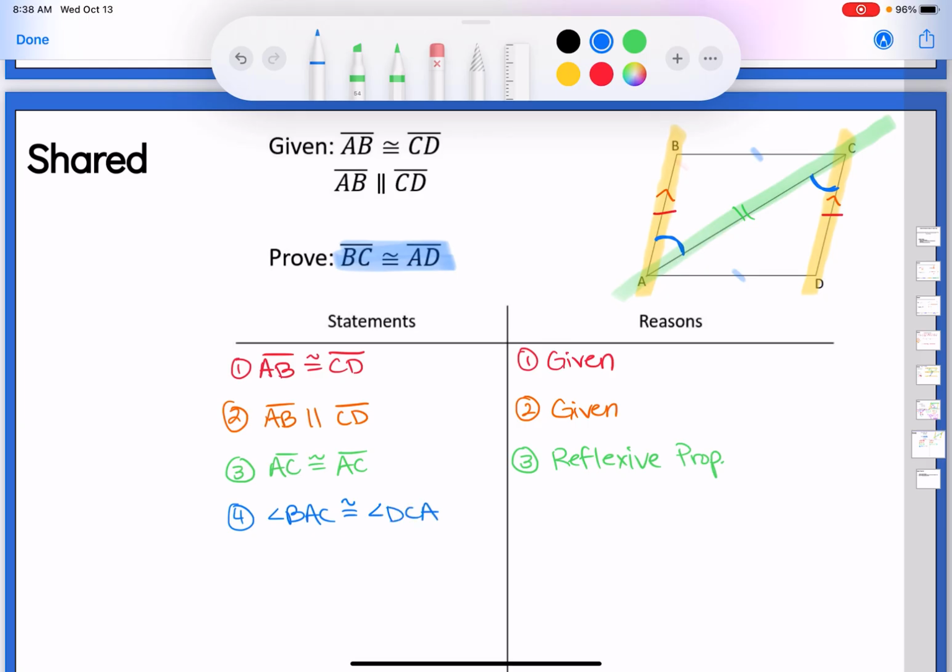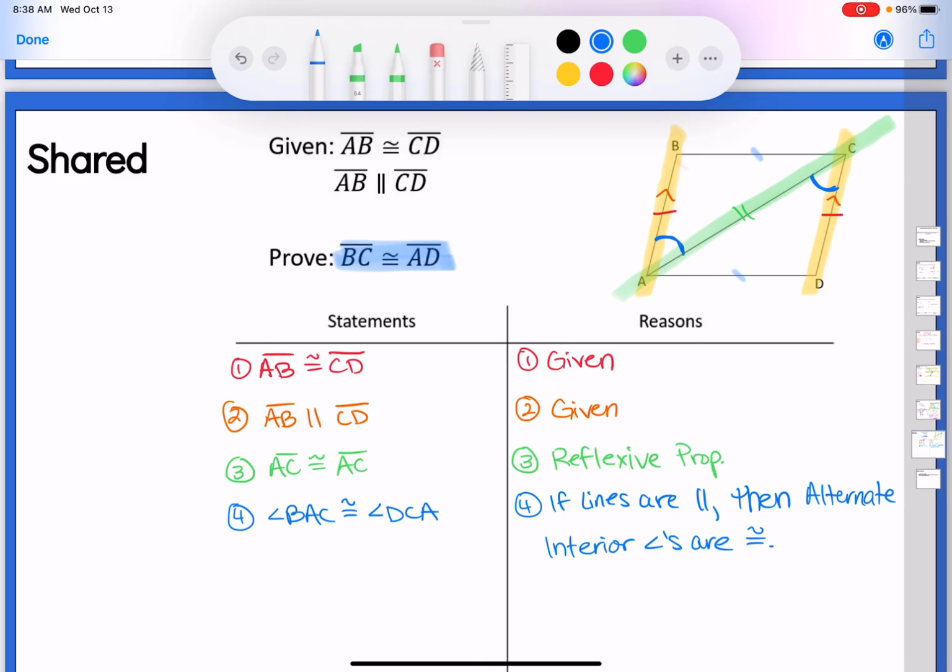Be careful how you're labeling those. And that would be if lines are parallel, then alternate interior angles are congruent.